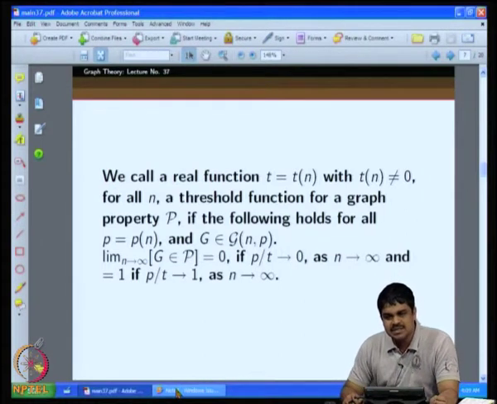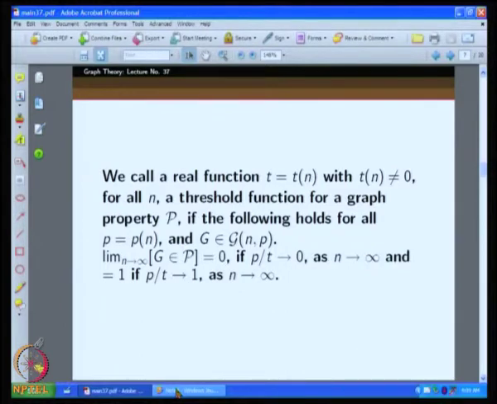It so happens that several properties have this feature, that means they have a threshold function. That means the change from almost all graphs not having that property to almost all graphs having that property is abrupt.